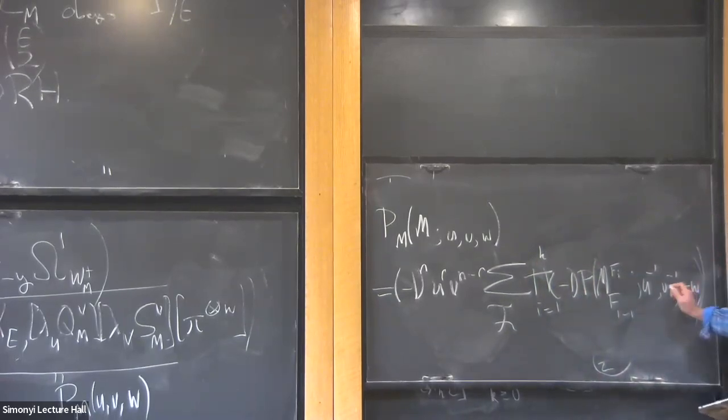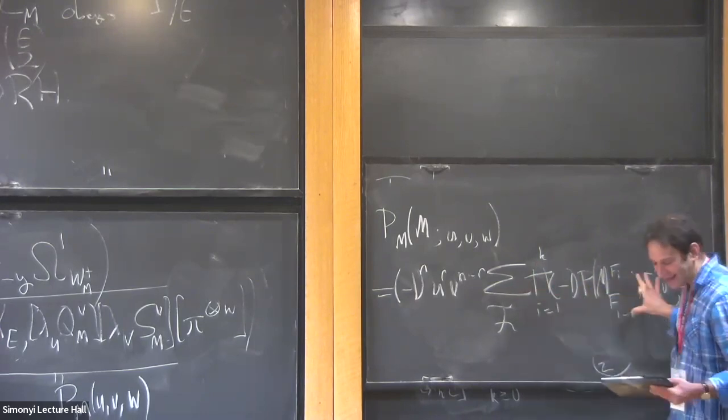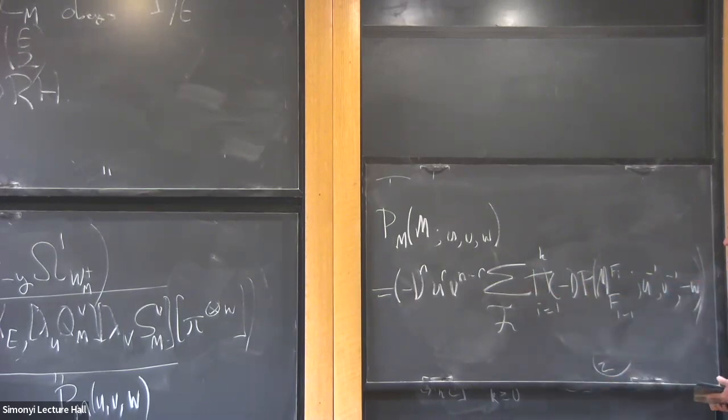Just note there's a minus W in here. Here, this is a sum over flags of flats. So this is the reciprocity statement. It looks hideous, but if you write it in terms of the incidence algebra, it's not so bad.